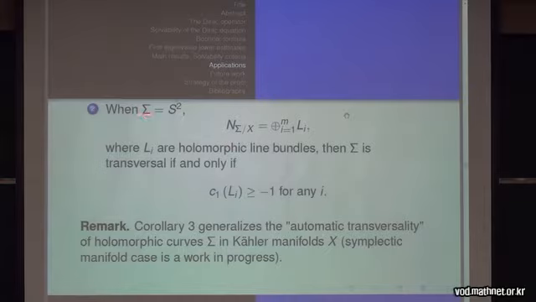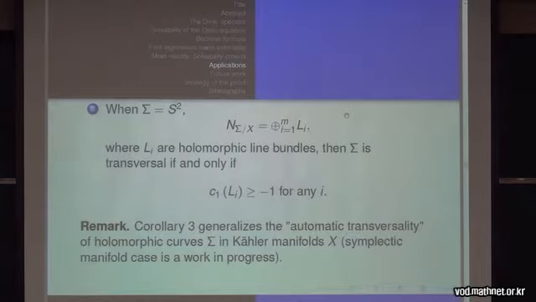If the curve is given by S2, in this case we know that the normal bundle splits into the direct sum of holomorphic line bundles. And the theorem says that if the first Chern number of each line bundle is bounded from below by -1, then the curve sigma is Fredholm regular.